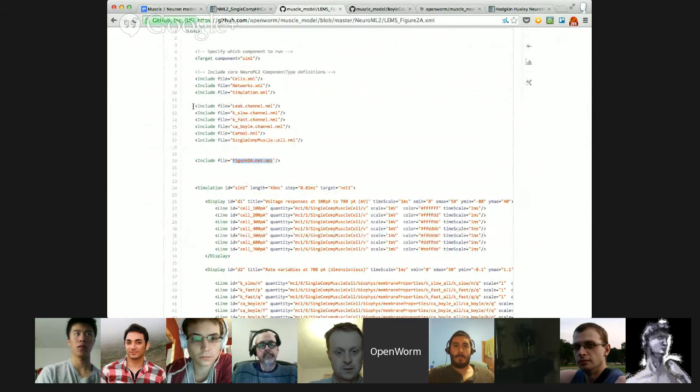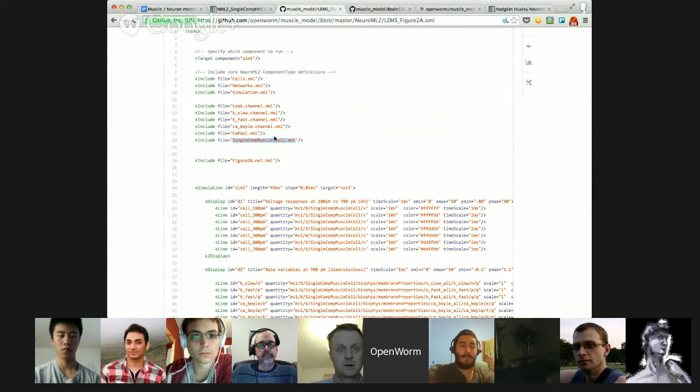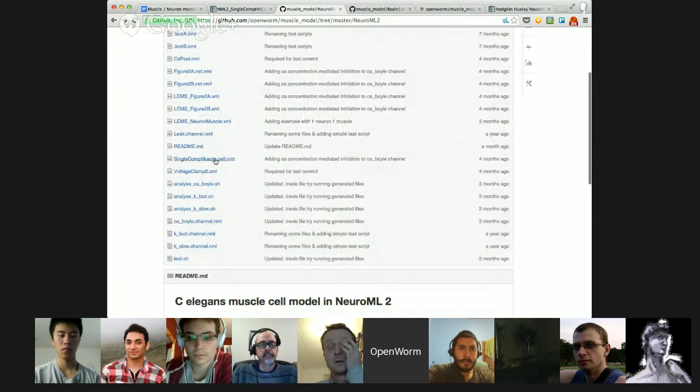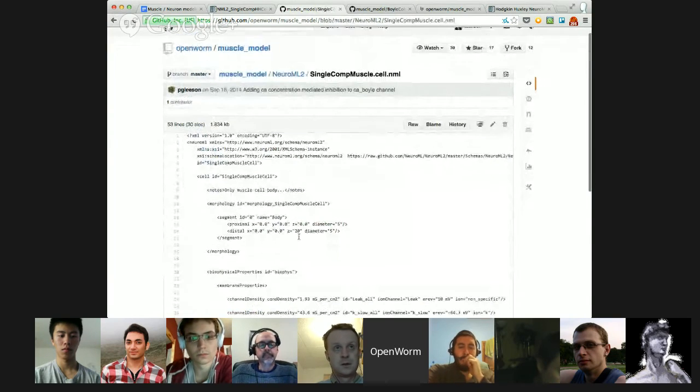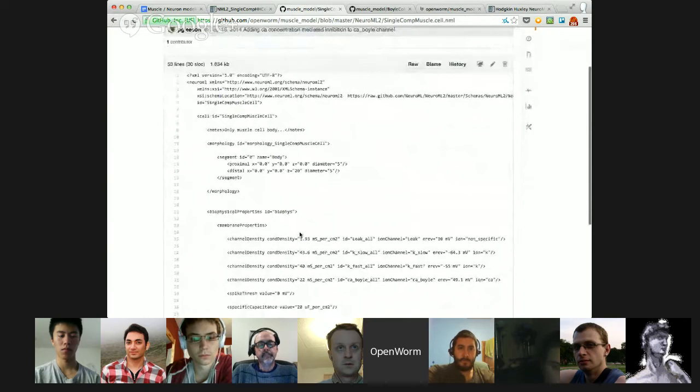In fact, it's referencing all the different components. So with the .nml extension, you're seeing what the components of the plot are actually made up of. What we can see is that single comp muscle cell.nml is one of the things getting referenced and looks pretty likely to be the muscle cell.